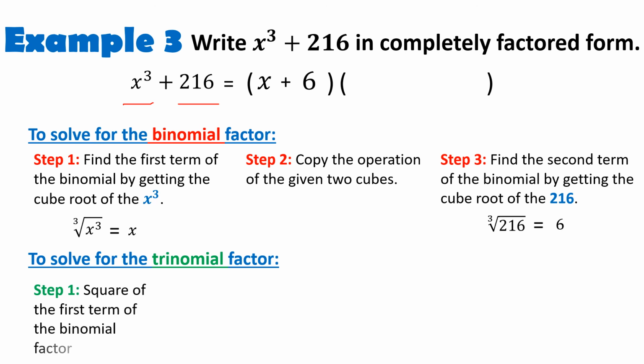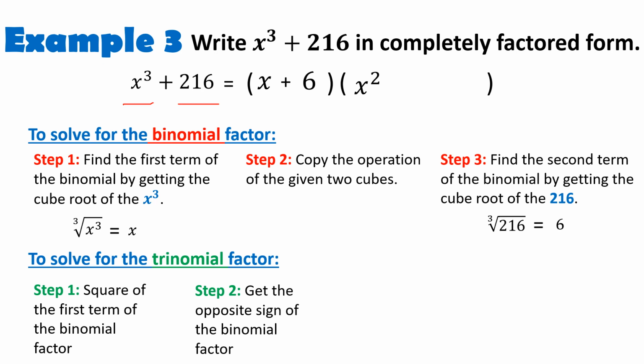To solve, step 1, square the first term of the binomial factor. So what is the square of x? That is x times x, which is x squared. Step 2. Get the opposite sign of the binomial factor.